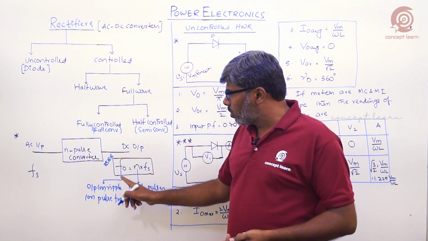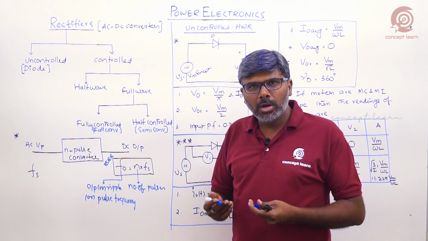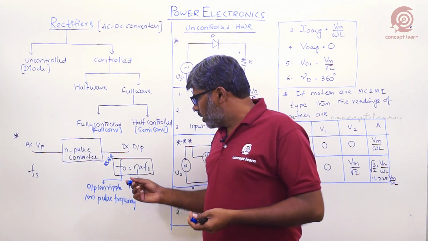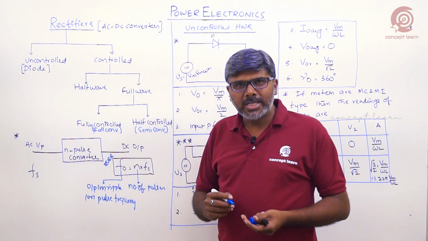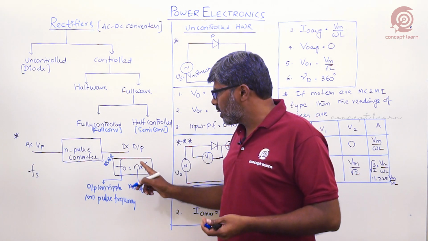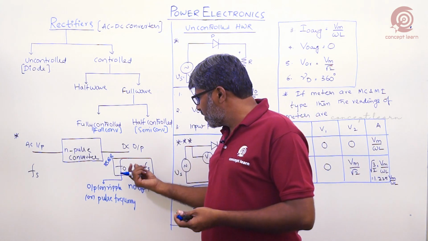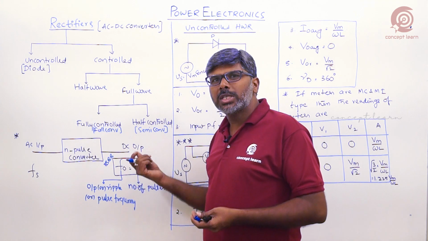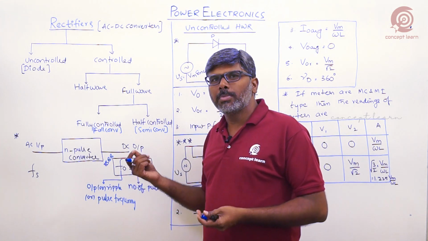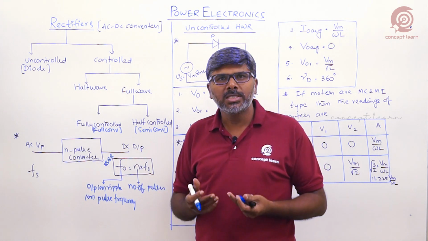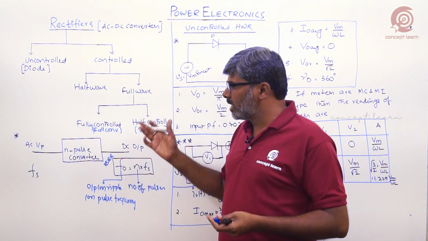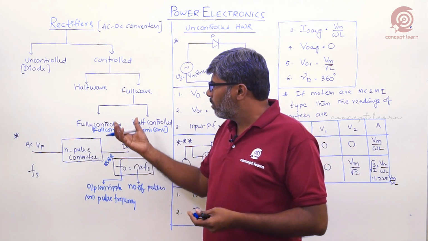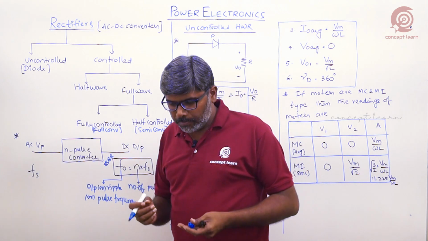So F0 is called output or ripple or pulse frequency, and N is number of pulses in the output waveform. Fs is the supply frequency. So based on this formula, we calculate the ripple frequency or output frequency or pulse frequency of the particular N pulse converter. So this is the classification based on number of pulses and topology.